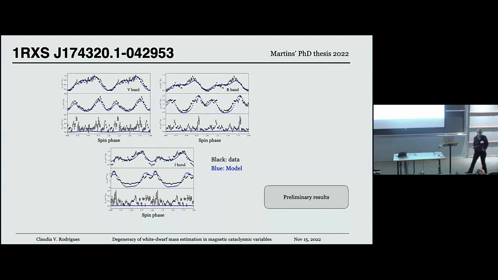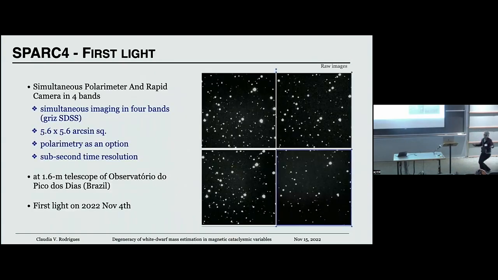So you have a beautiful new instrument, and you had first light 10 days ago, and I am tempted to show you this result. This is a raw image. The instrument is SPARC4. It obtains 4 simultaneous images in 4 broad bands, g, r, i, and z.